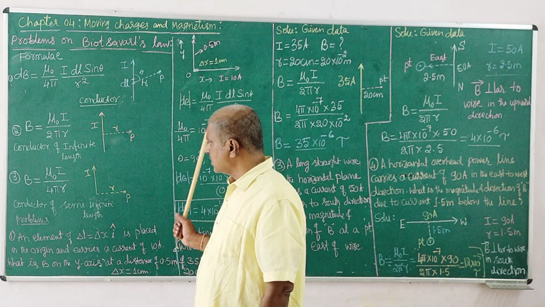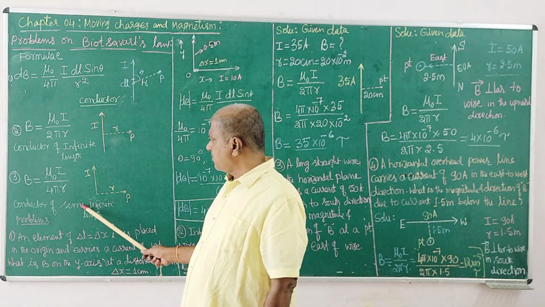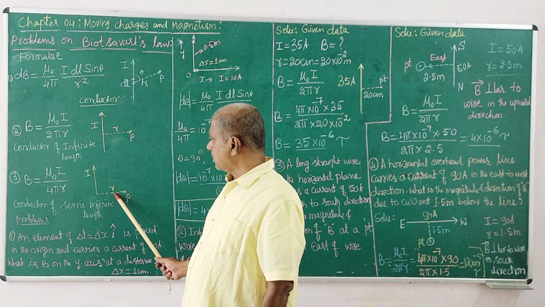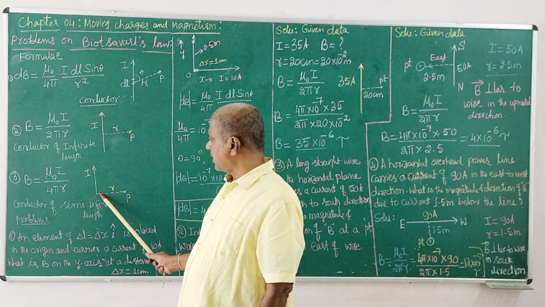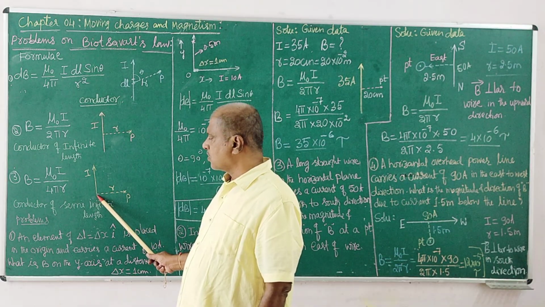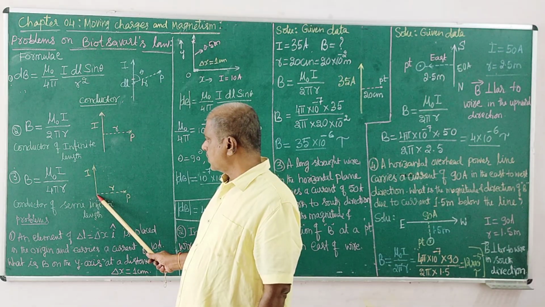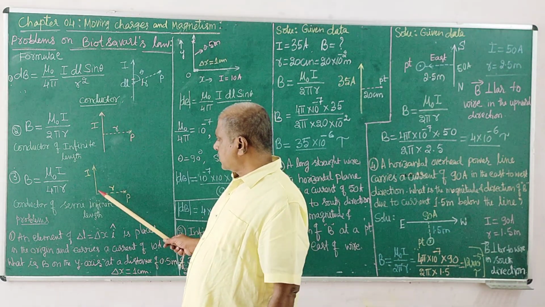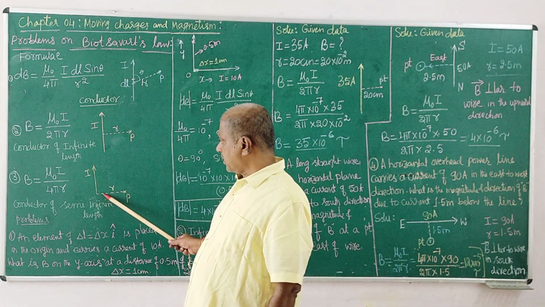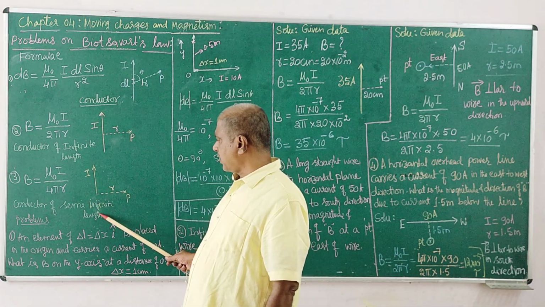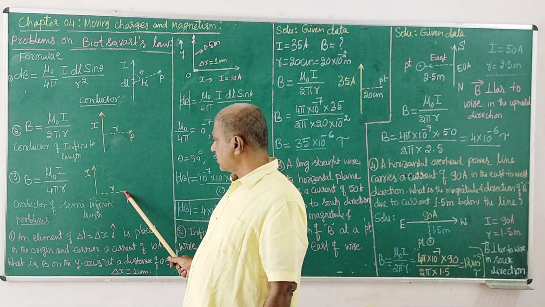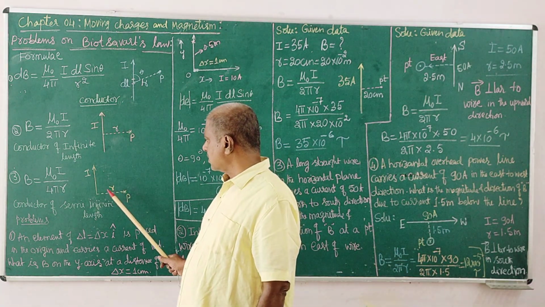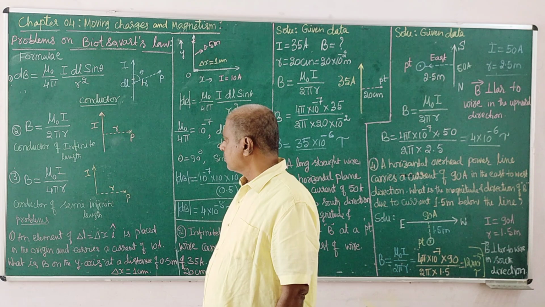Suppose the conductor is of semi-infinite length, with the point at perpendicular distance r from one end of the conductor. That is the direction of the electric current. This is a pictorial representation of a conductor of semi-infinite length, where the point is placed at a perpendicular distance from the conductor like this.